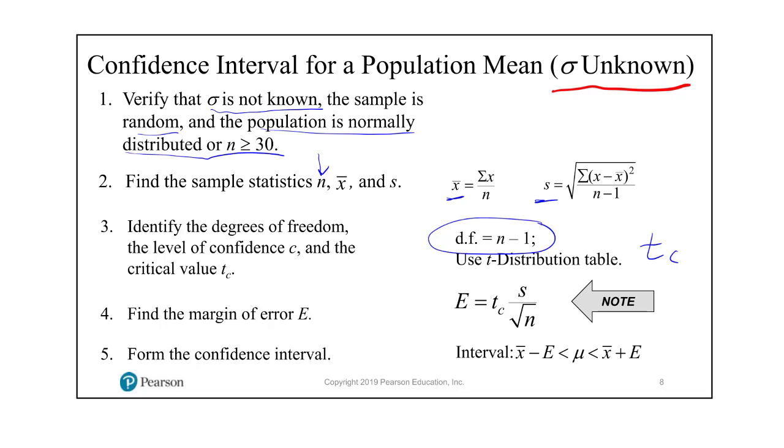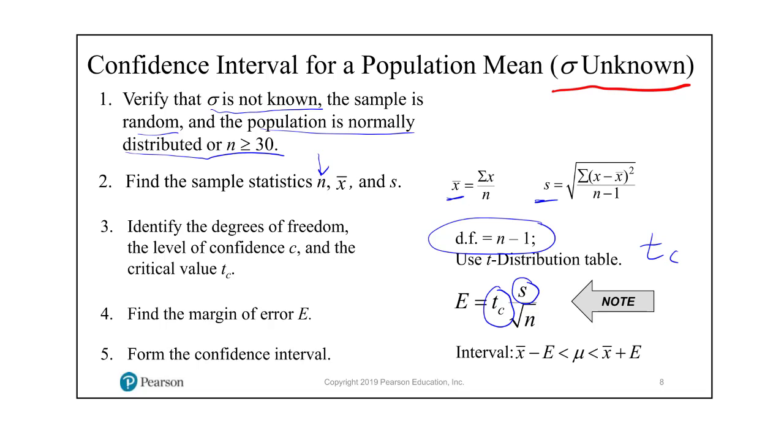Then we're going to find the margin of error. Okay, a lot like before, the only difference between finding it like we did when we knew the population standard deviation is we're using a critical t-value instead of z, and we're using the sample standard deviation in front.